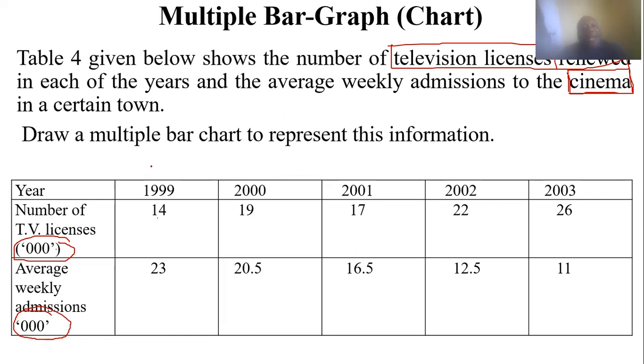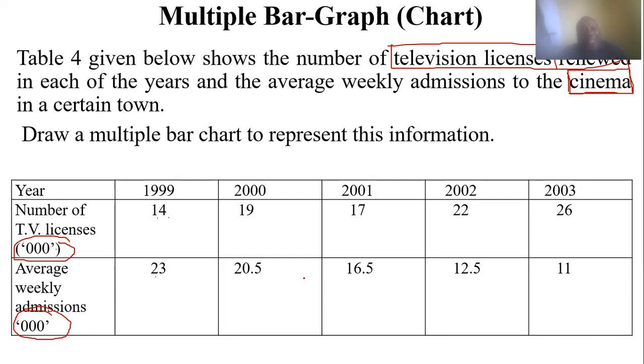So in the year 1999, I have 14,000 having licenses for the television, and those going in for weekly admissions in the cinemas were 23,000. And we proceed up to 2000, 2001, 2002, 2003, and their numbers have been given here.